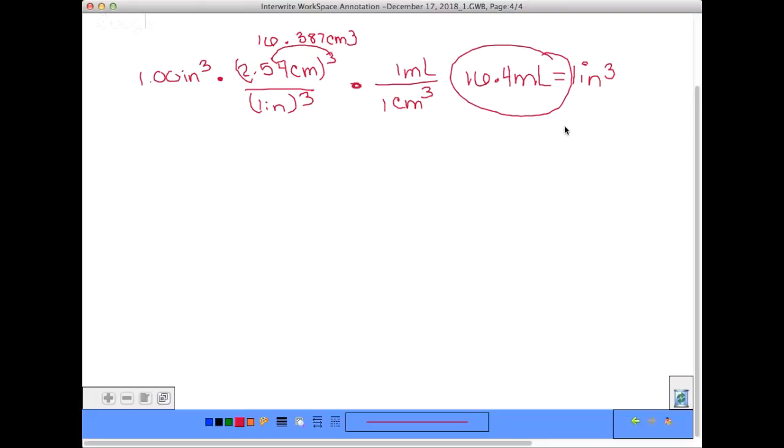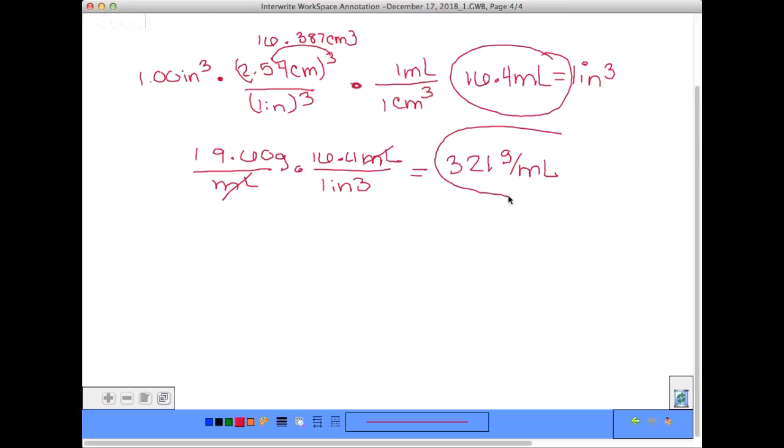So if I knew, for example, for tungsten, if I knew that my density was 19.60 grams per milliliter, and it wanted me to figure out per inch cubed, I can multiply this by 16.4 milliliters over 1 inch cubed. Notice that my milliliters cancels out. And if I multiply this, I get 321 grams per milliliter. And so that's what it was asking you to do. It was asking you to create this conversion and then use this conversion.